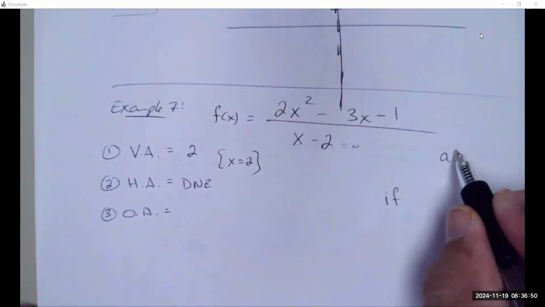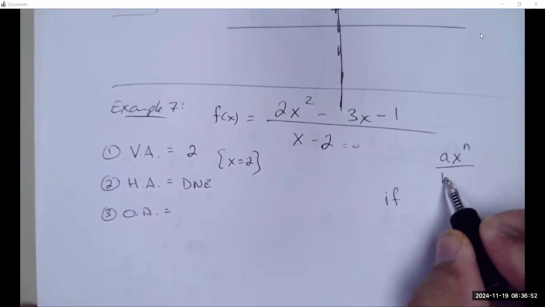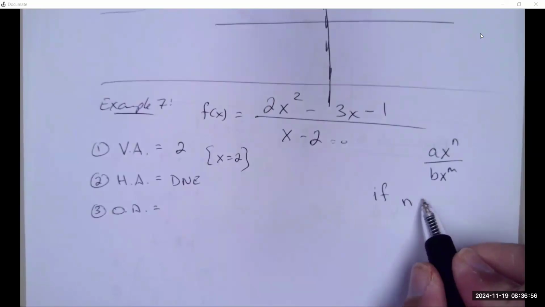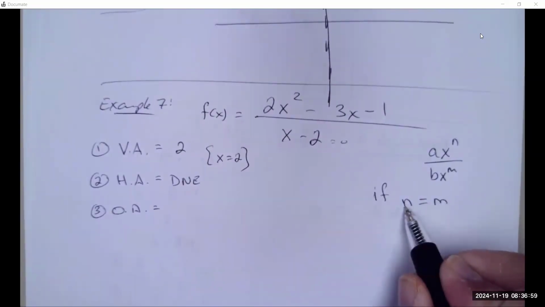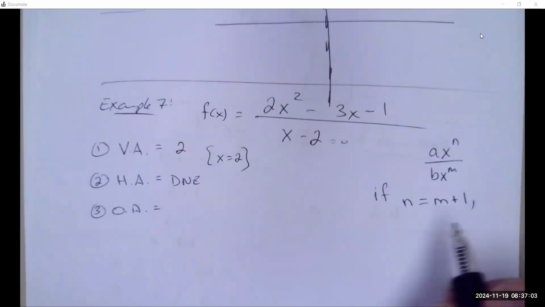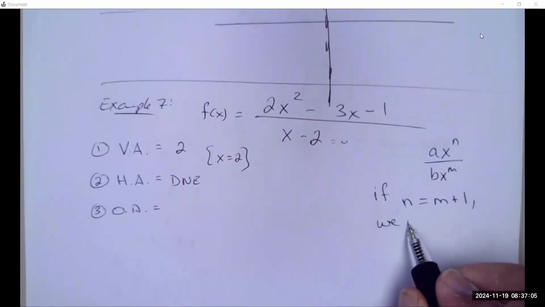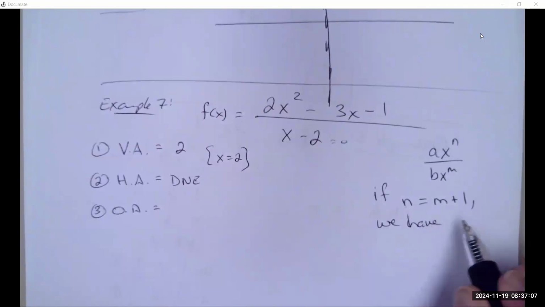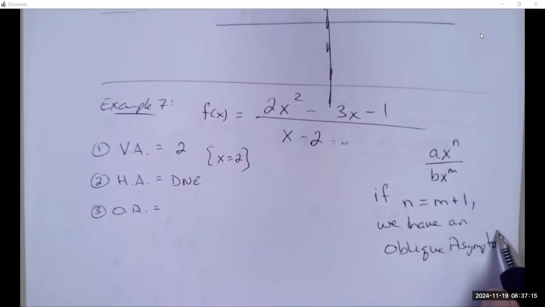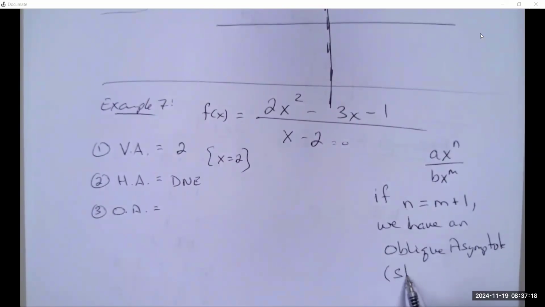Remember, we had a x to the n over b x to the m. If the numerator degree is equal to the bottom degree plus 1, we have an oblique asymptote. Oblique means slant.